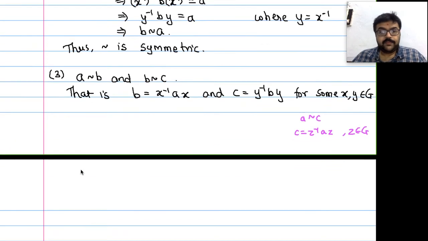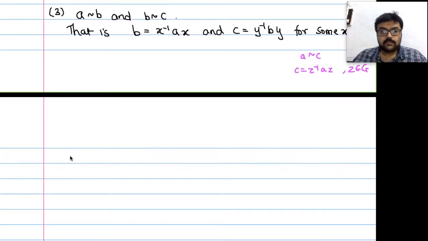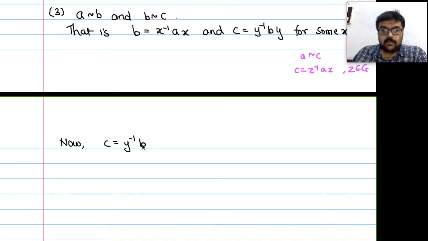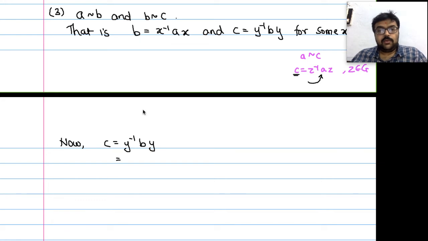So now C equals, but what is given? It is given y inverse by. So we start from C and we have to bring A into the picture. From B we can use this to bring A into the picture.